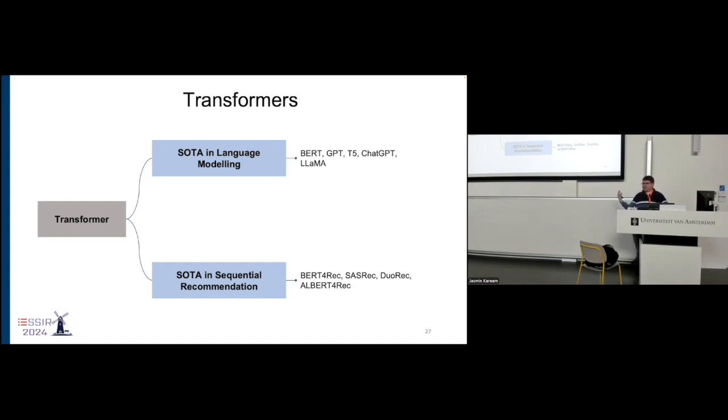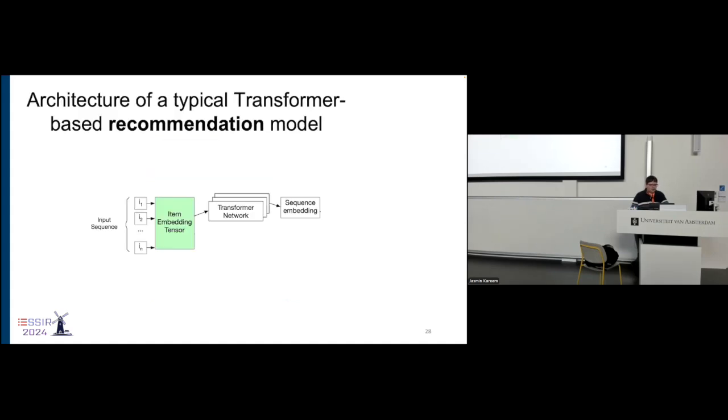So we cannot transfer the model. We don't have the advantage of pre-training and then fine-tuning for every specific task. We have to train from scratch. But other than that, these are the same type of models. And again, re-emphasizing the key thing: we use item IDs as tokens in sequential recommenders.